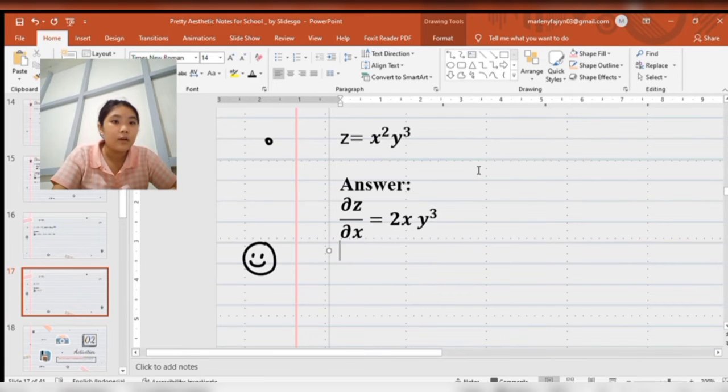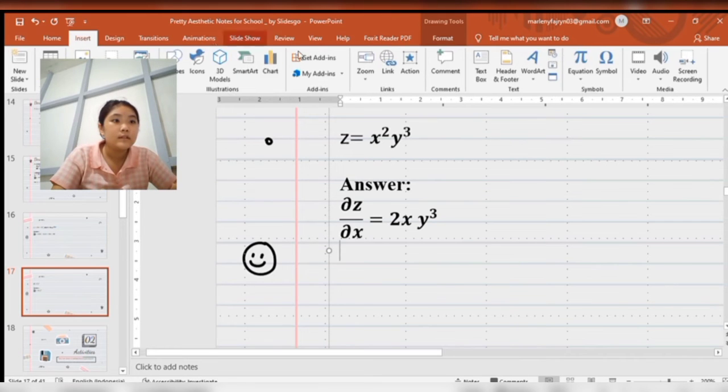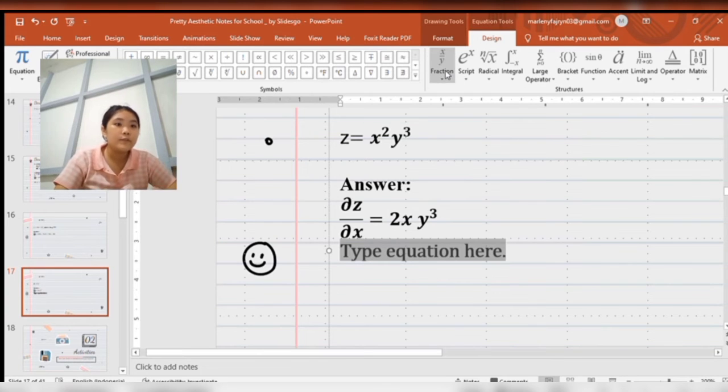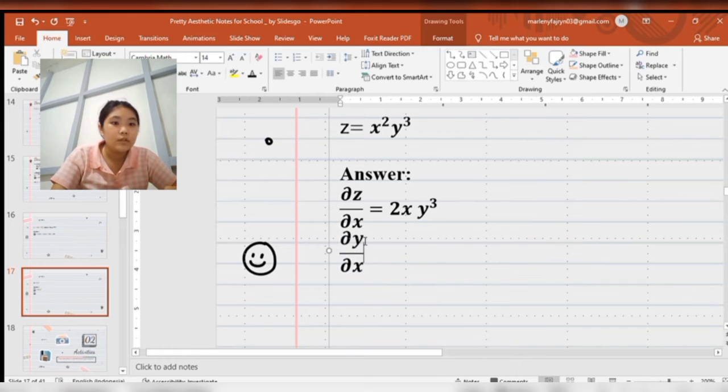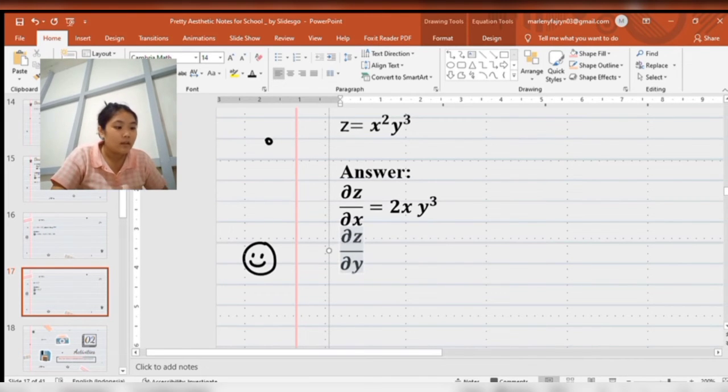And then we have to type again ∂z/∂y equals.